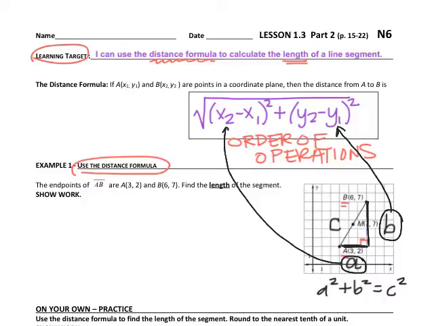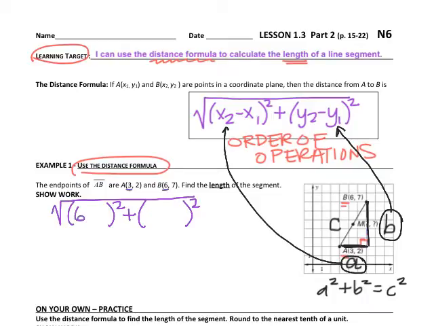So let's go ahead and try it out. We're always going to draw our square root in. It's got to be kind of long. I'm going to take my two x values and put them inside those parentheses and square them. I'm also going to take my two y values, put those inside the parentheses, and square the difference of them. Here's an x value, here's an x value.